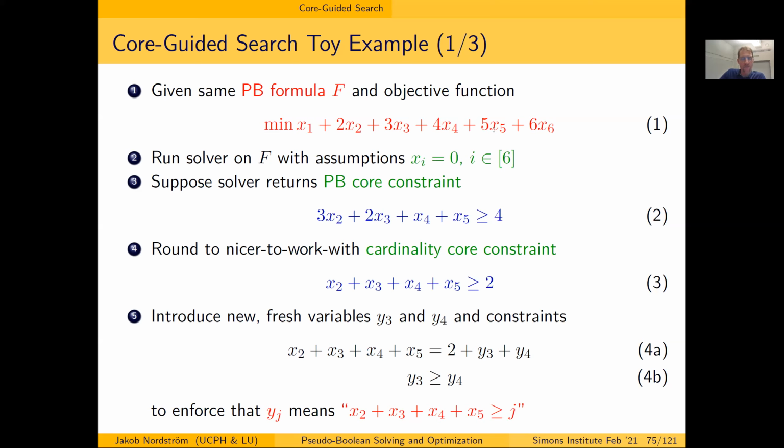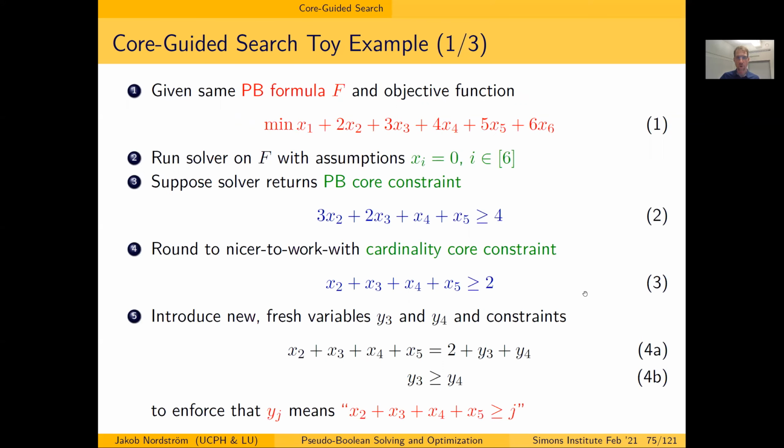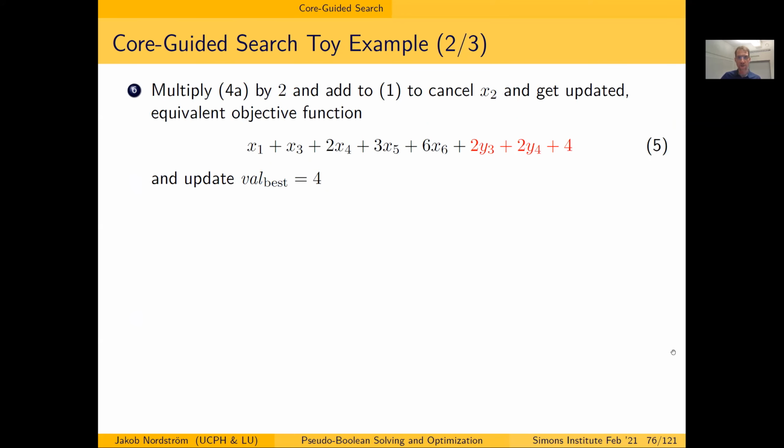plus 2x5. I can substitute that by 2 times 2, that's 4, plus 2y3 plus 2y4, because this is an equality. Let's do that. So here is the new objective function, which is equivalent to the old objective function, because of these constraints 4a and 4b that I've introduced, the original objective function 1 is equivalent to this modified objective function 5.